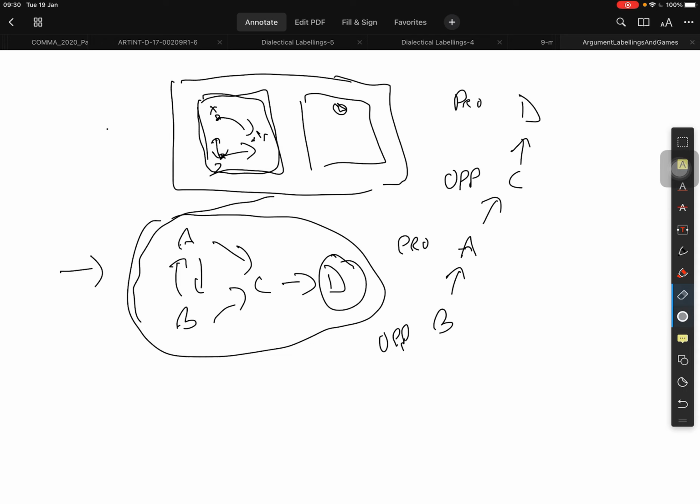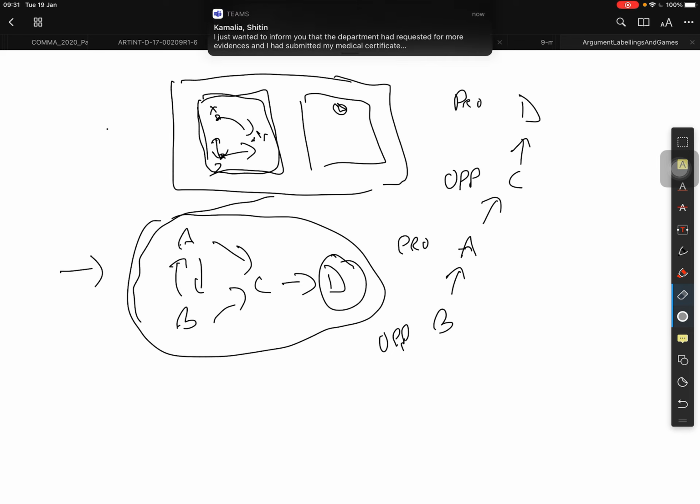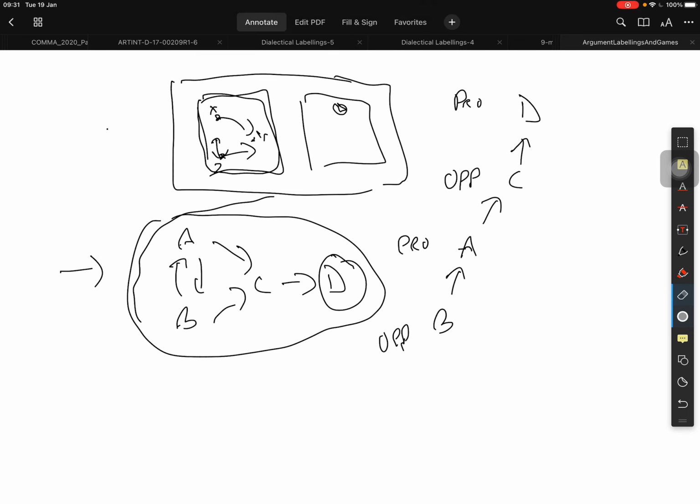which is the idea of backtracking. So at this point, proponent has no possible moves, right? However, both proponent and opponent can backtrack and try an alternative. So at this point, proponent cannot move A again. This is not allowed.